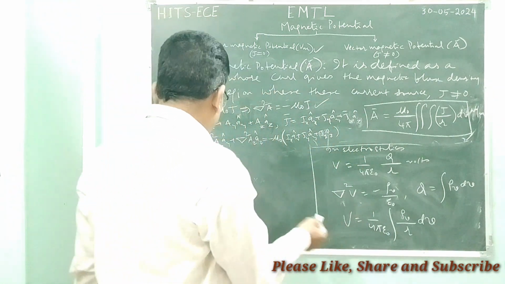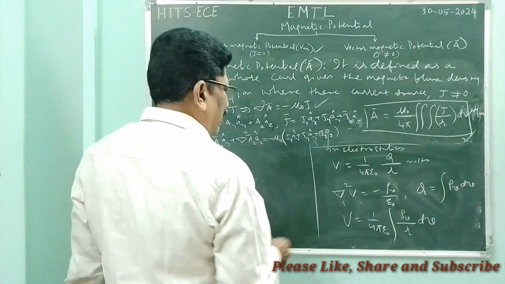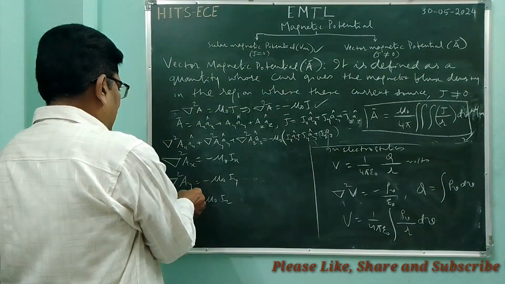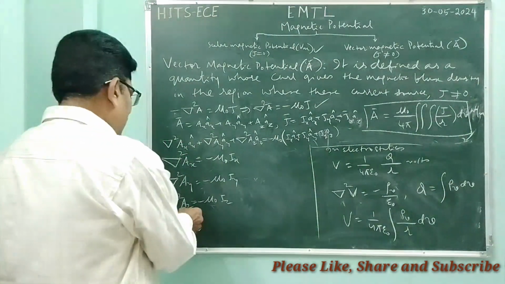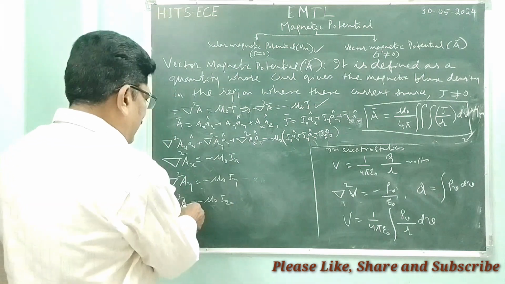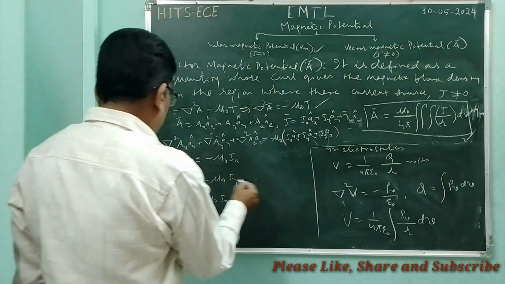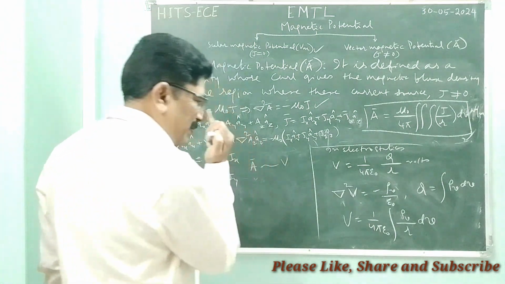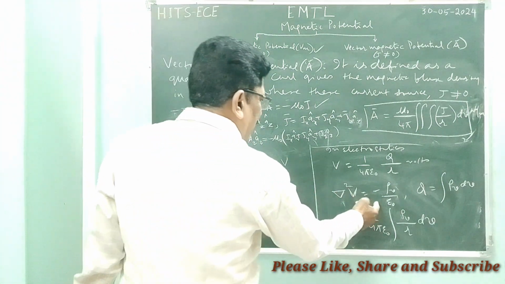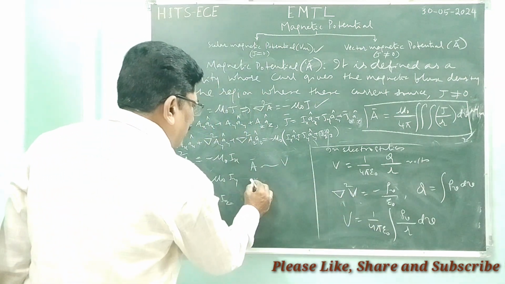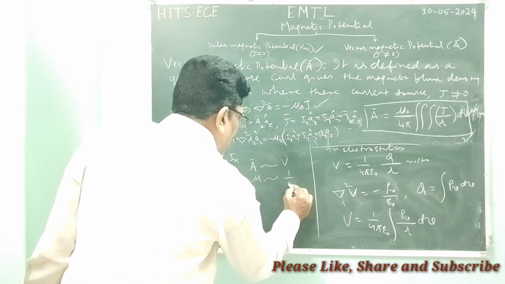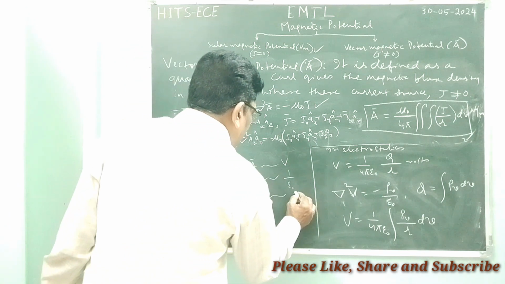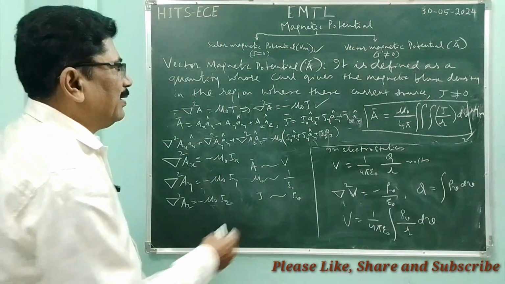Let us compare now these two. Del square Ax is equal to minus mu 0 Jx, del square Ay is equal to minus mu 0 Jy, and del square Az is equal to minus mu 0 Jz, and for electrostatics we have del square V. So you can compare: wherever there is V, you put A; wherever there is 1 by epsilon, we put mu naught; and wherever there is rho V, we put J. Then we will get this equation.